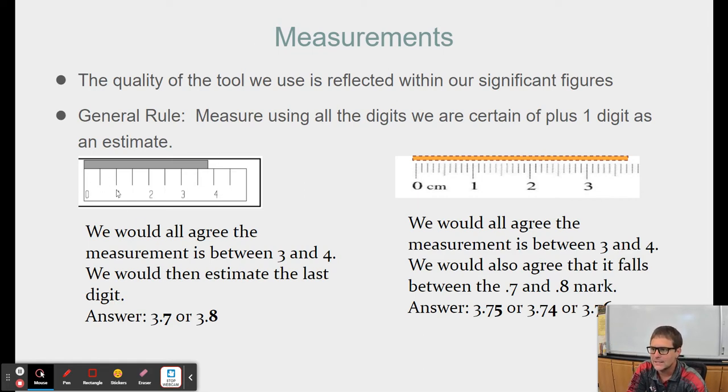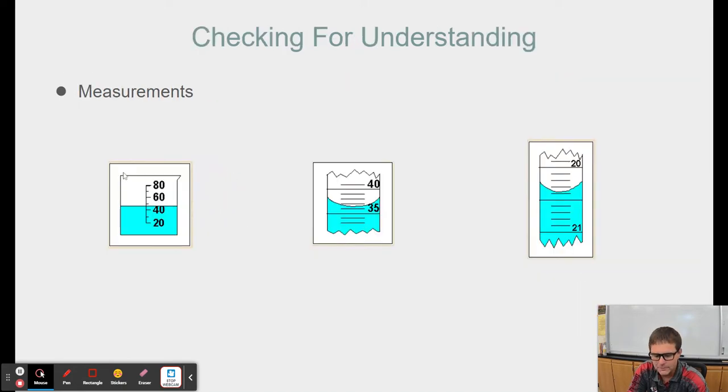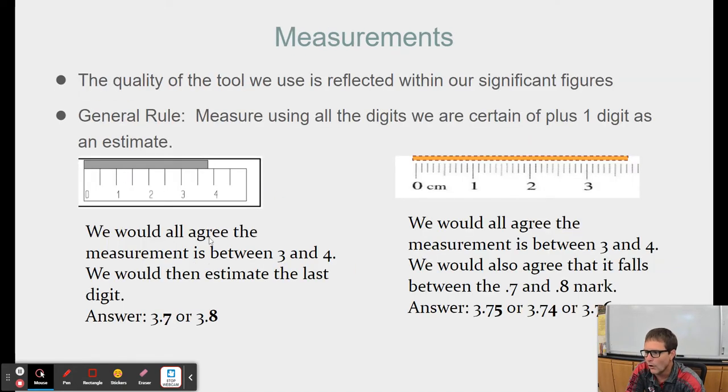For instance, let's say that we're using this ruler on the left-hand side. Everybody in the class would agree that this shaded area extends between the 3 and the 4, so we know it's going to be 3 point something. Now there are not enough markings that everybody would agree on the next digit.